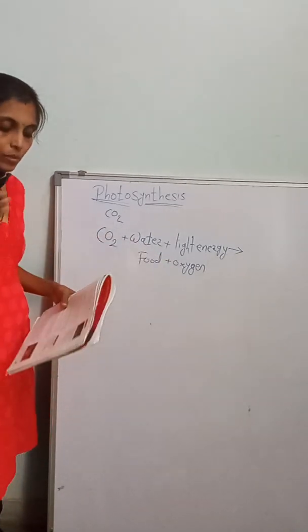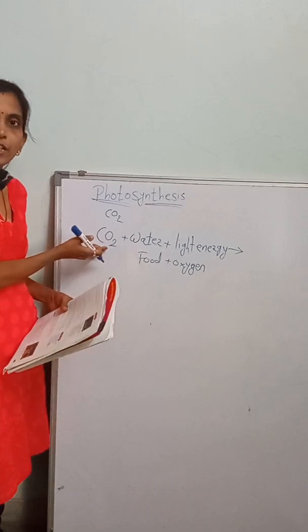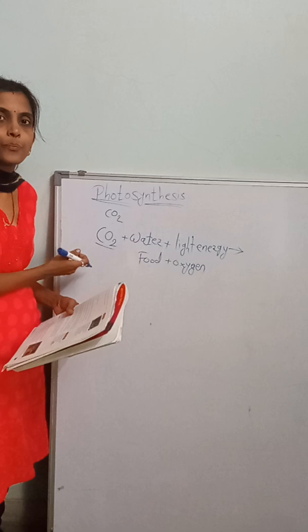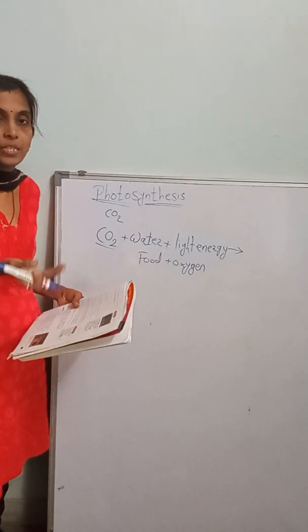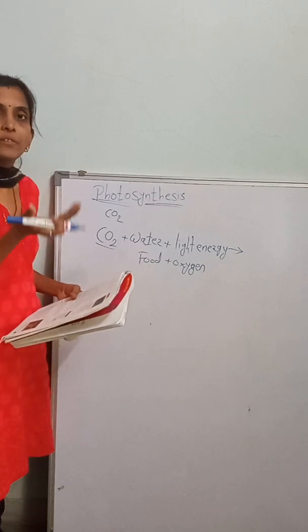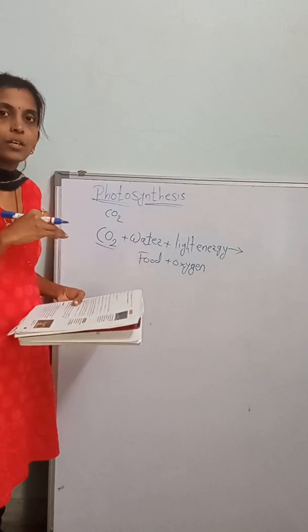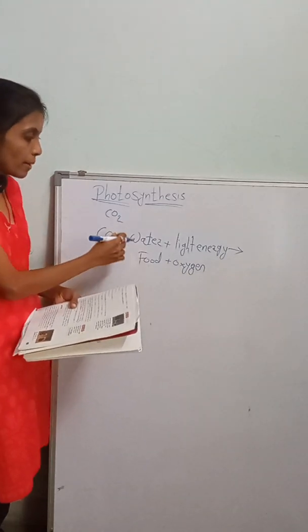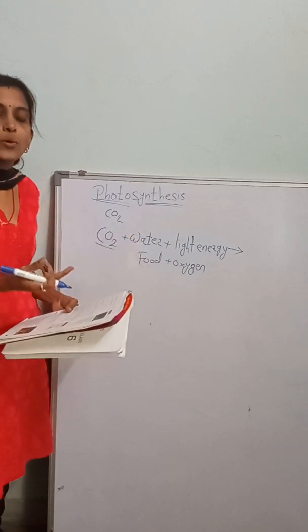See what happened here. For the manufacture of food, plants require carbon dioxide, which is a waste product of the burning process or respiration process. In respiration also we take in oxygen and exhale carbon dioxide as a waste product. This carbon dioxide is used by the plant, plus water, which is also required.